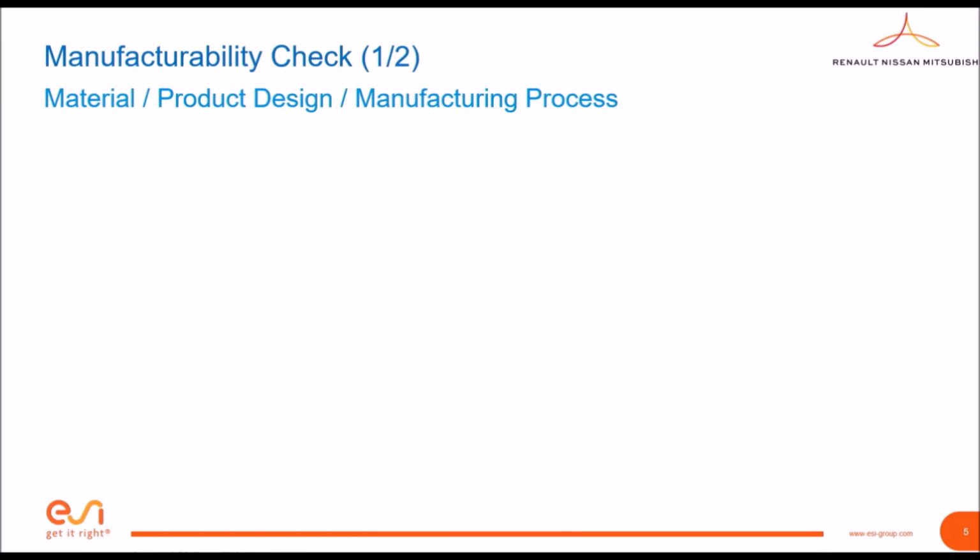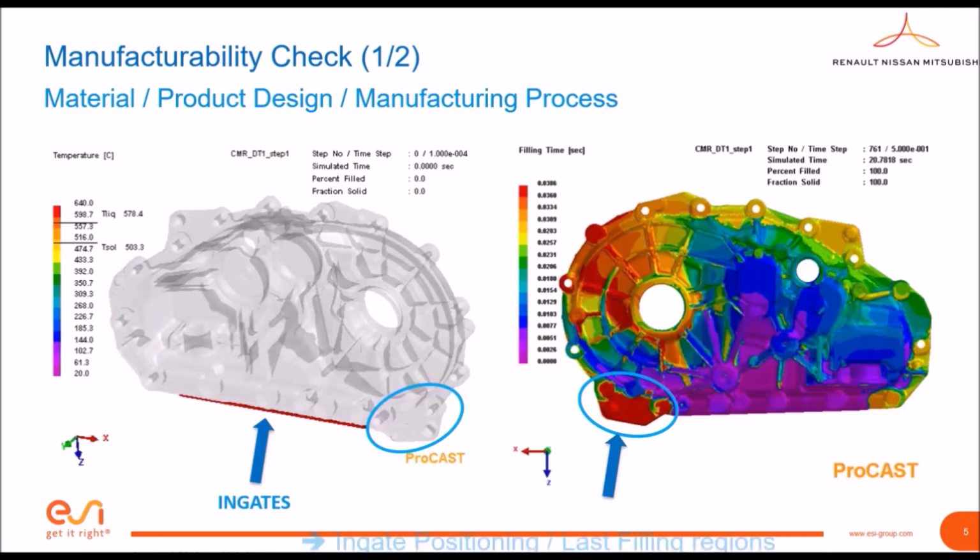So as an example, what you see here is an example from Renault, coming from its Zoe car, which is an electric car indeed. And in fact, what you see over here is a gearbox housing. And in this study, actually, there are no dies.